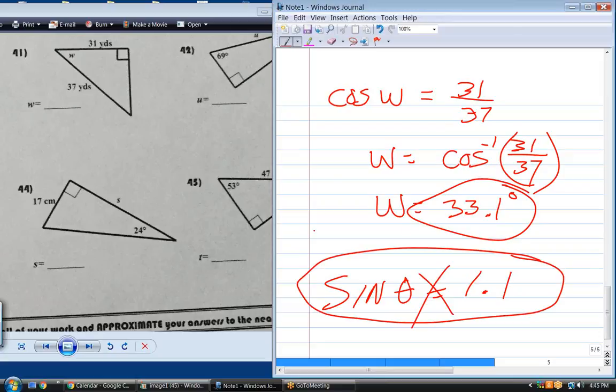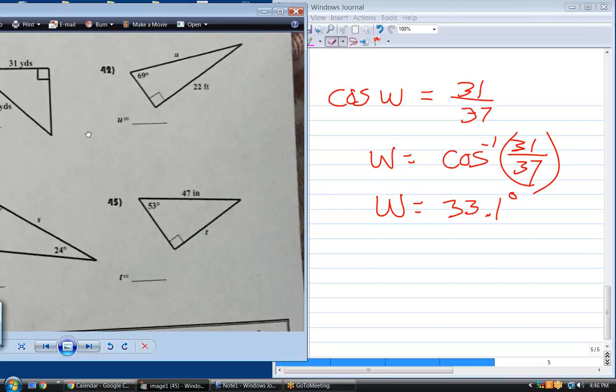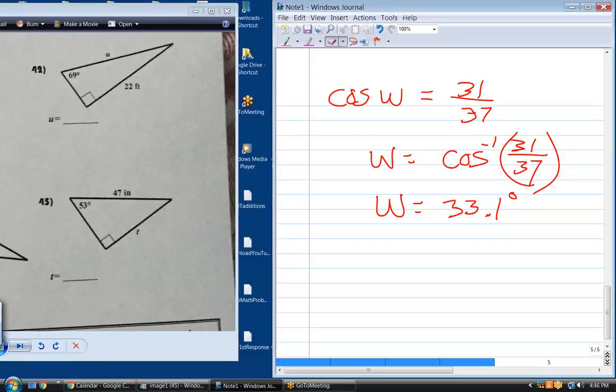In the same way, when we solved for W here, it could not be an angle greater than 90 degrees. Not if that's a right triangle. There's our 90-degree angle. That only leaves a total of 90 for that one and that one. So both of these have to be less than 90. And that's always a good little check to make. In other words, it will catch a lot of math errors if you do those kind of little checks.